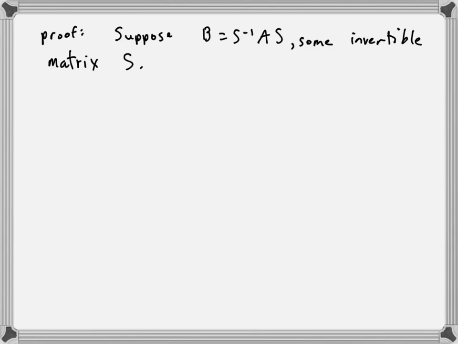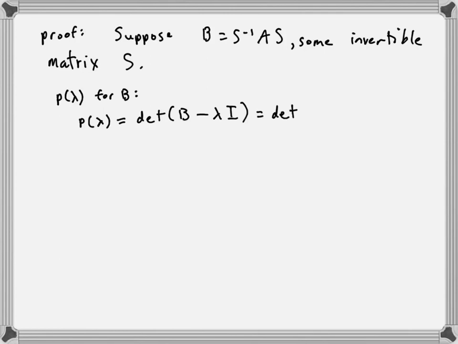So what is P of lambda for B? Remember, this is the determinant of B minus lambda times the identity, right? But this is equal to the determinant of S inverse AS minus lambda times the identity.